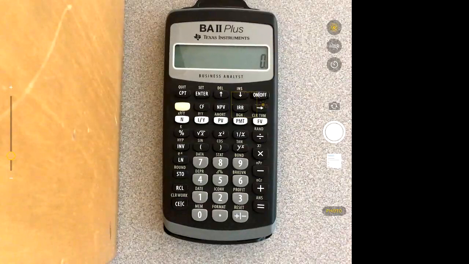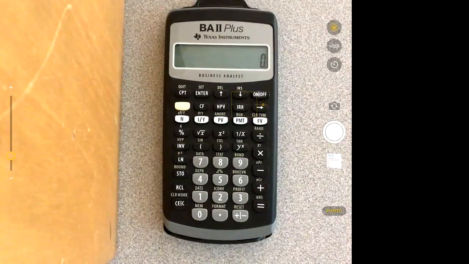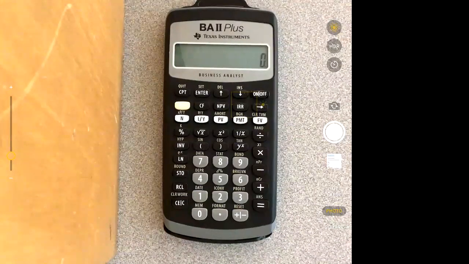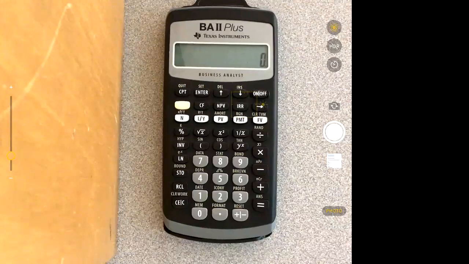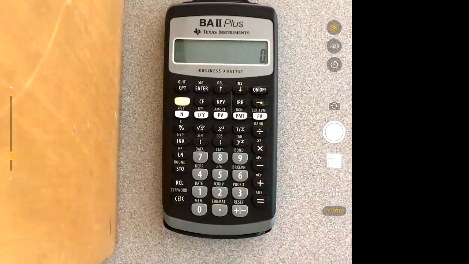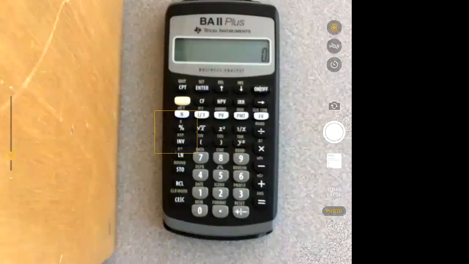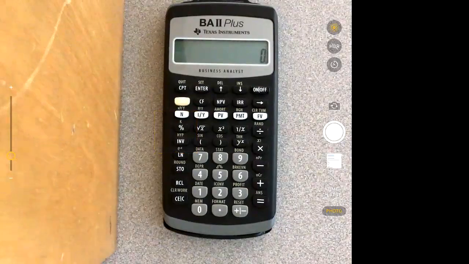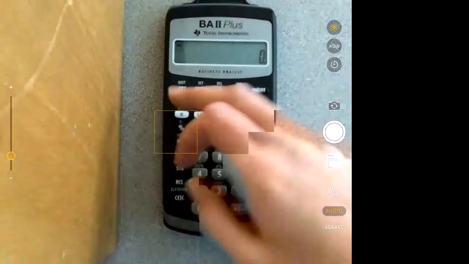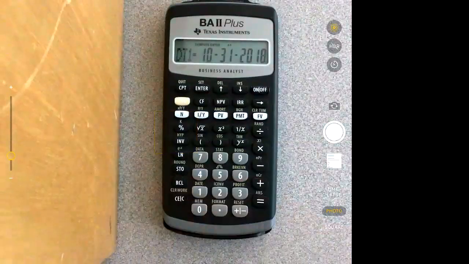You've all used calculators, so I call these your second functions, the ones that are above the buttons, right? Because you have to hit your second button, which is too bright on here, right? But it's your second button to access these second functions. So to get into the date, you're going to hit second and the one button for your dates.